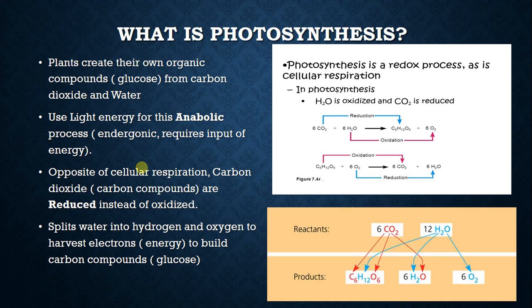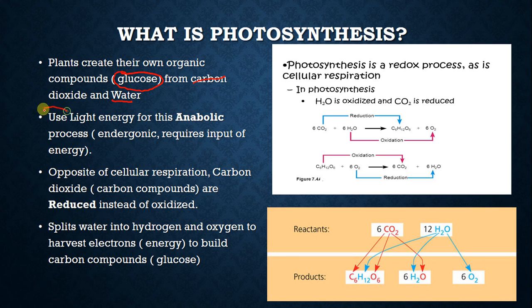So what is photosynthesis? Plants don't eat, so they still need organic molecules, glucose, to get energy from, ATP, because they still do cellular respiration. But they create their own organic compounds from carbon dioxide and water.